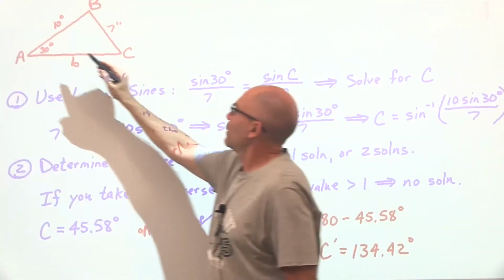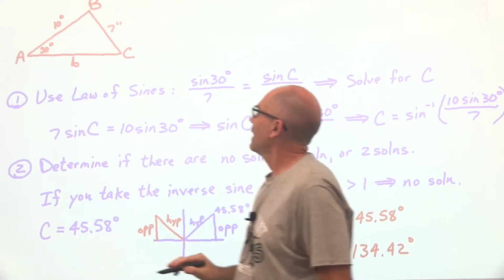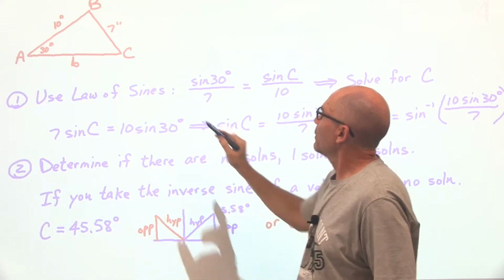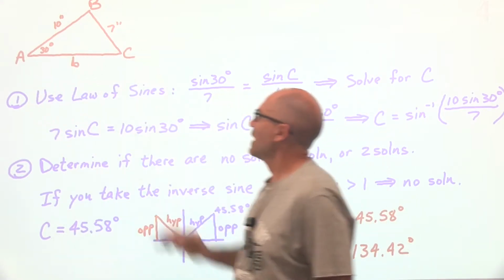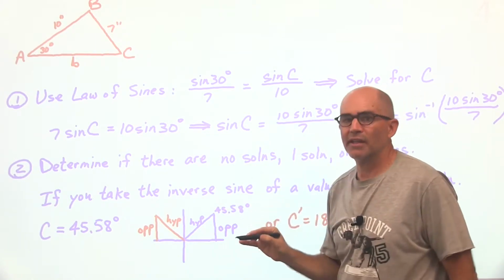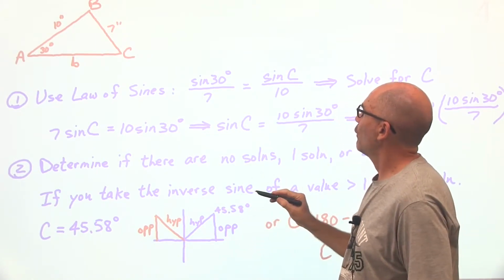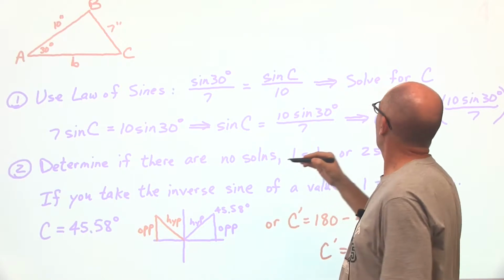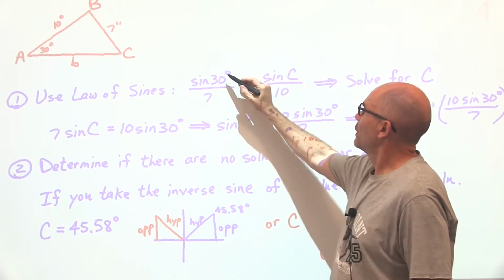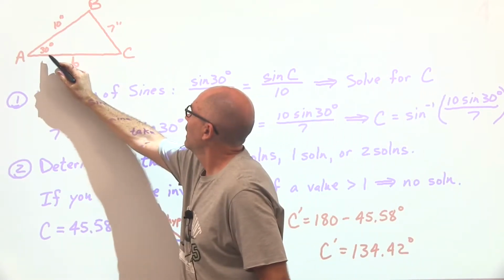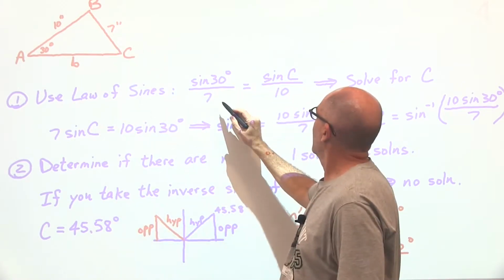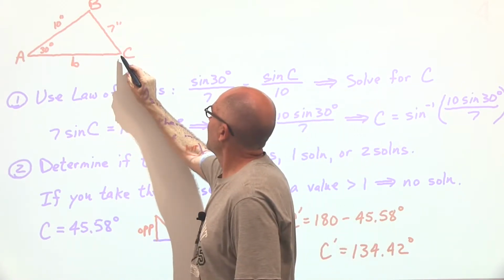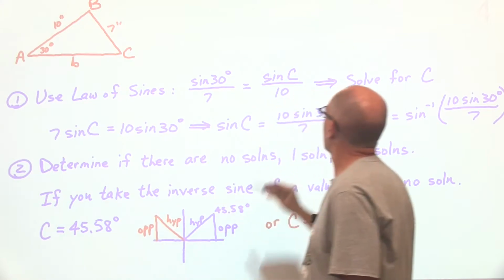We're going to take our triangle, angle side side, and notice we have an angle and its opposite side. So we use law of sines to solve for another angle. So you go sine of 30 divided by 7 equals sine of C divided by 10.